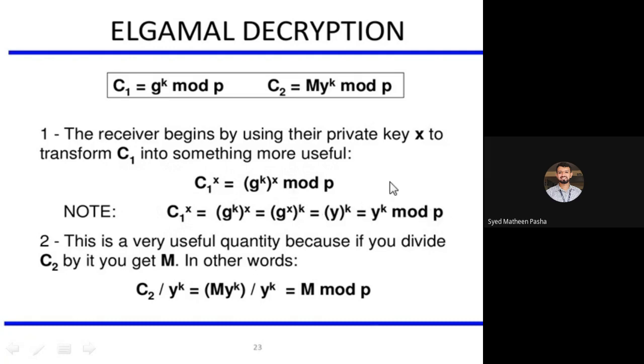Why do I do this? To compute this, it is a very useful quantity, because if you divide C2 by something, you should get m. In other words, this formula can be given. If I divide C2 by it, I should get the value of m.